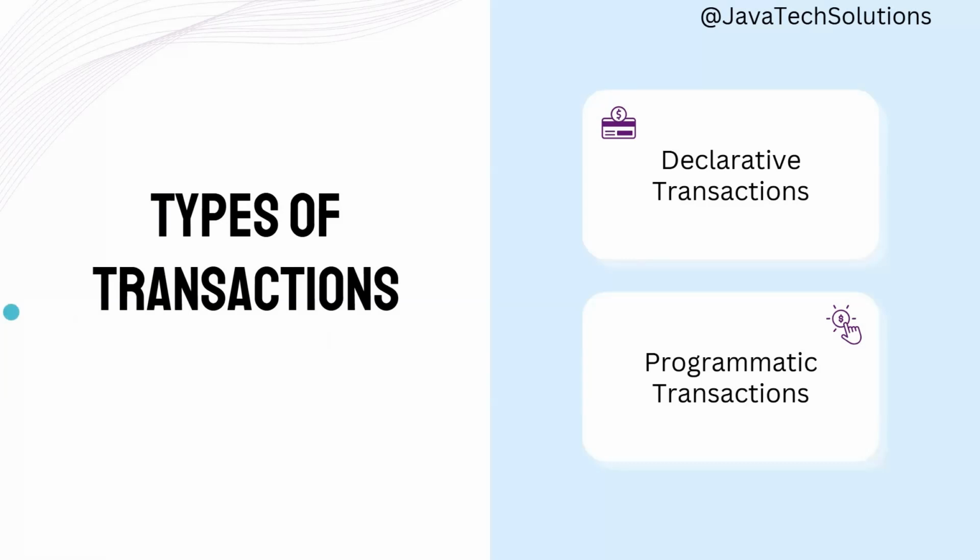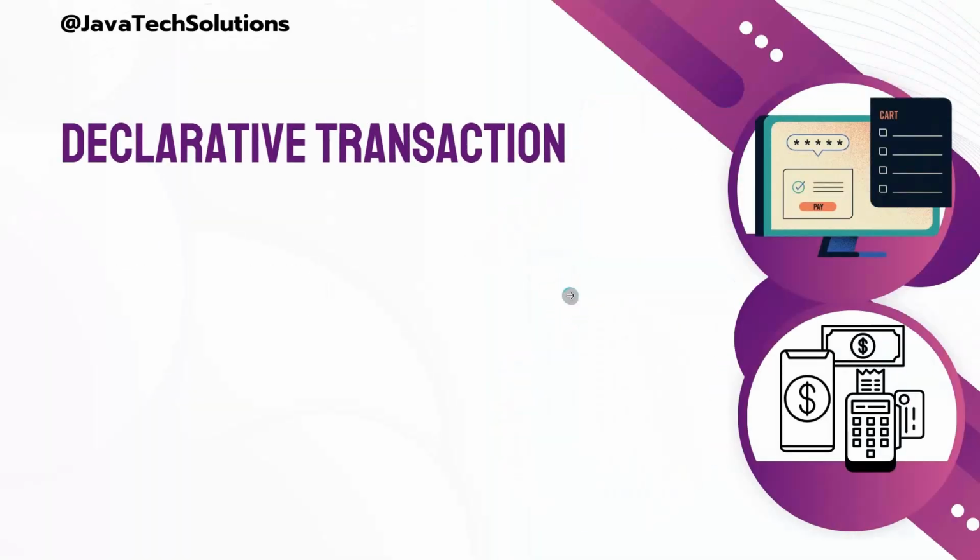Next, we will talk about the details more of it, like this declarative transaction. So let's talk about the declarative transaction. Here we need to understand how these things actually work. Declarative transaction management is an approach to handling transactions in an application where the transaction behavior is specified declaratively, typically through configuration or annotation, rather than programmatically in code.